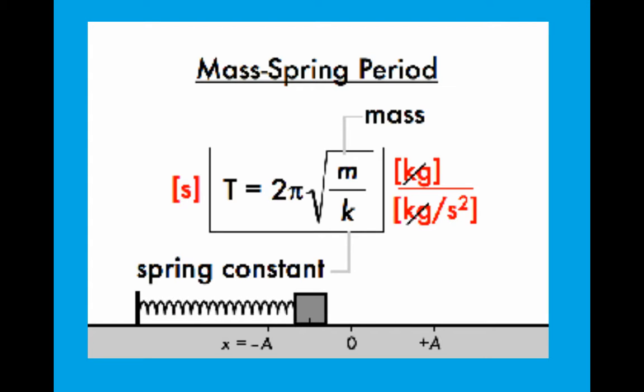So if we can't physically test it out in lab in real time, we would need to use this equation. Or if we're given the period and we need to determine the mass or the stiffness of the spring, we can use this equation. So if we can't physically determine T in an experimental situation, or we need to find mass or spring constant, we would need to use this equation.